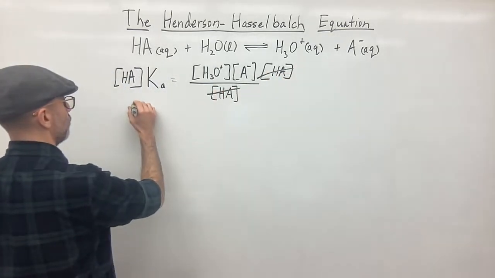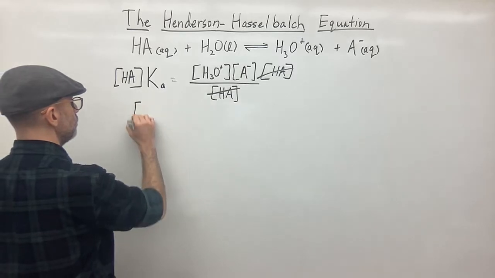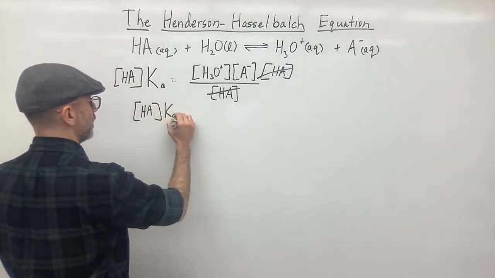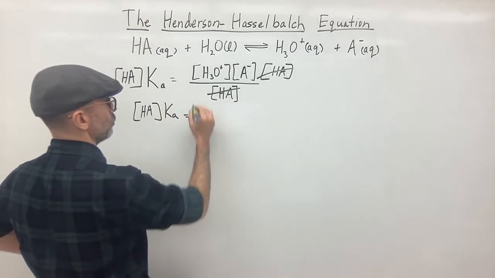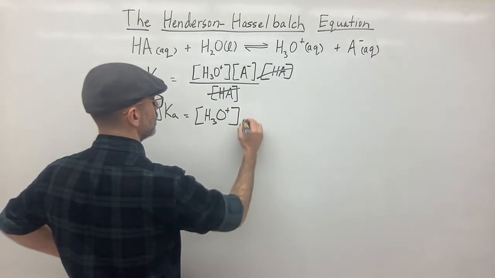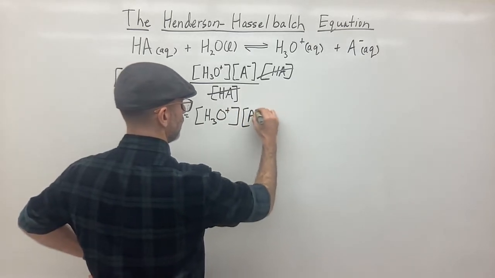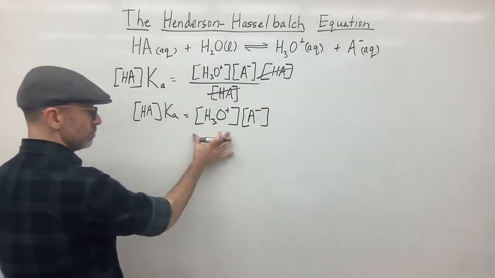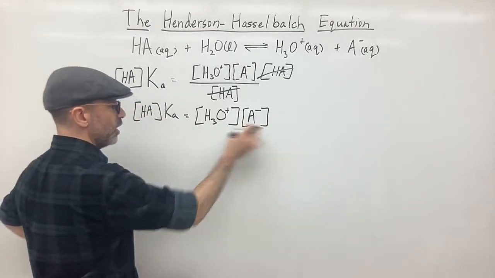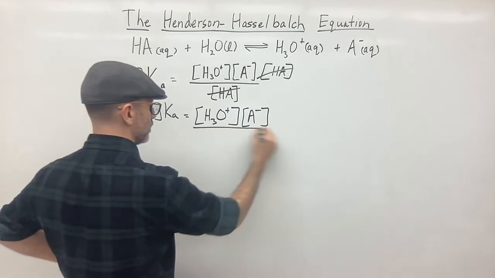And now I have concentration of HA multiplied by Ka is equal to H3O plus multiplied by A minus. So now I want H3O plus by itself, so I need to divide both sides by the A minus concentration.